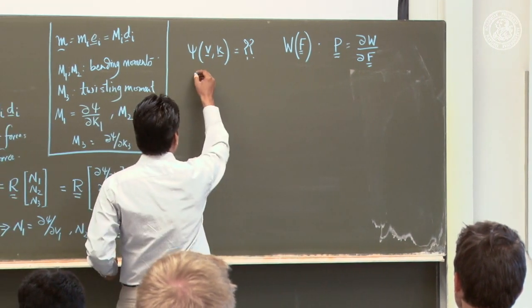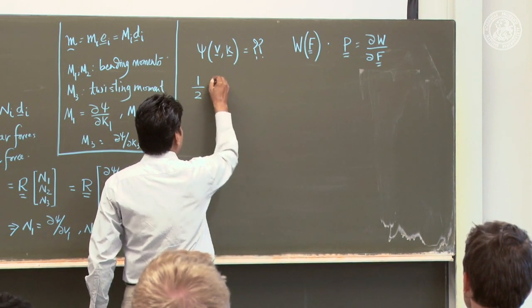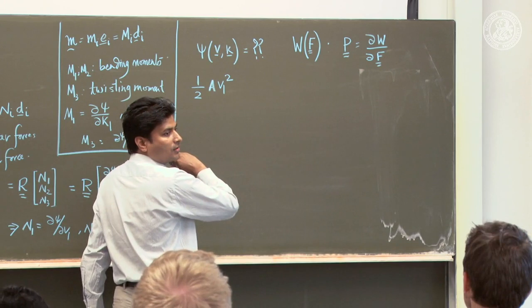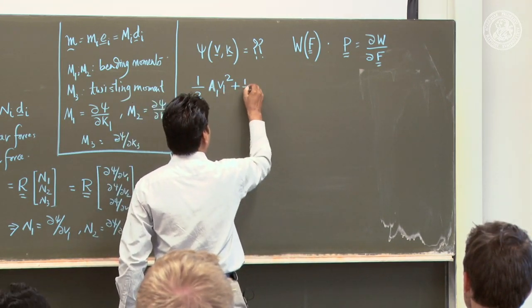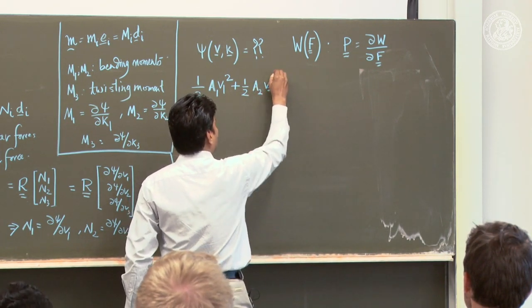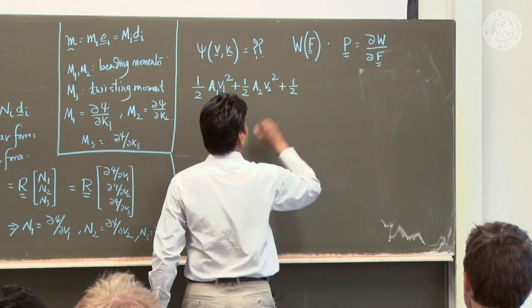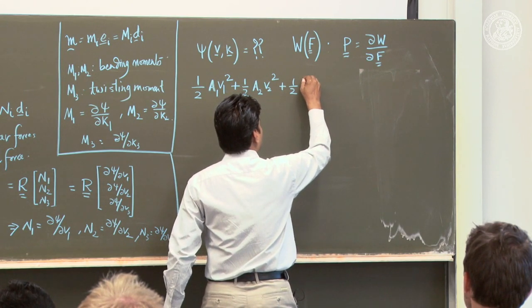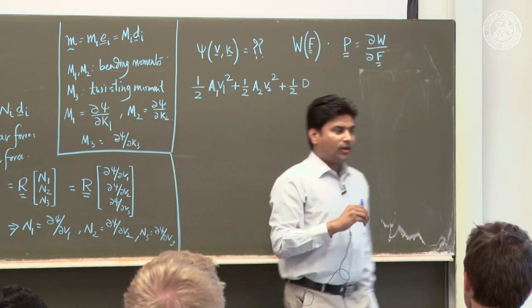So you could, for example, write this as half of A1 times V1 squared plus half of A2 times V2 squared plus half of D times V3 minus 1 squared.